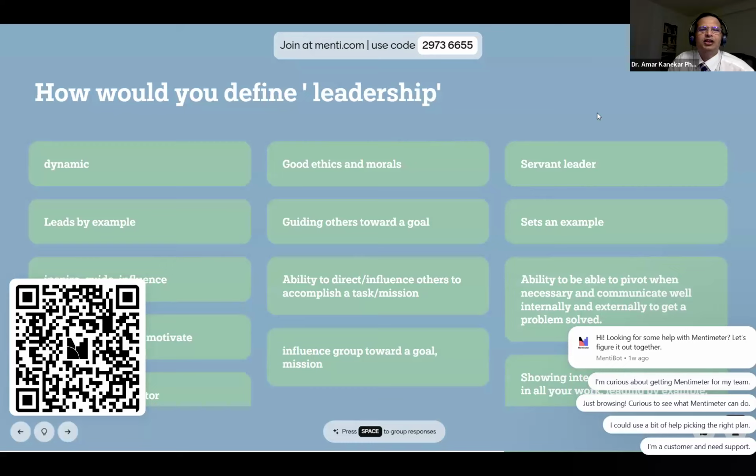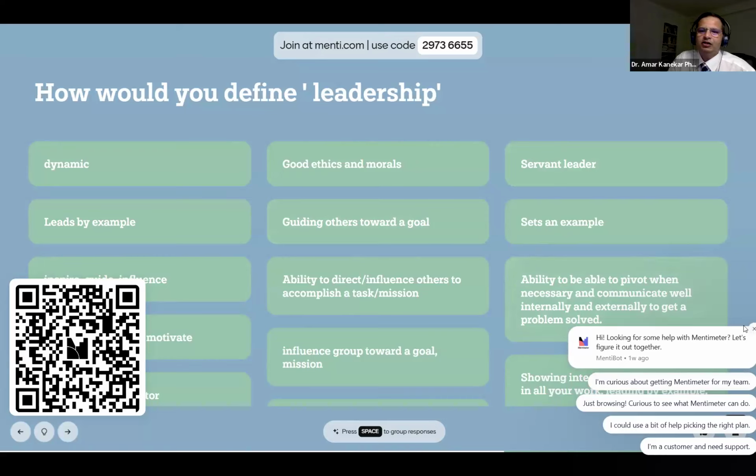I saw some really interesting responses. Leads by example, dynamic, guiding others towards the goal, sets an example, servant leader, influence a group toward a goal or mission, ability to direct and influence others to accomplish a task or mission.